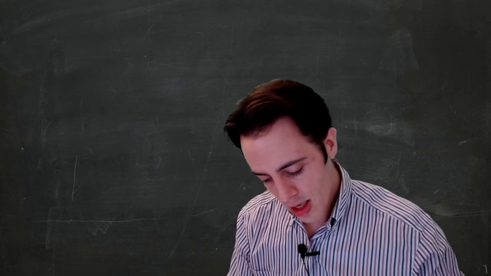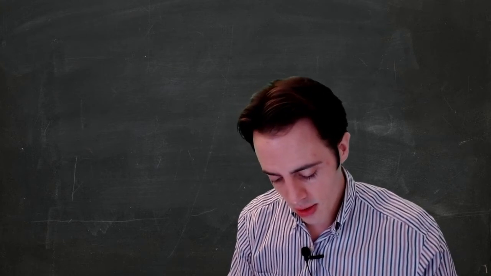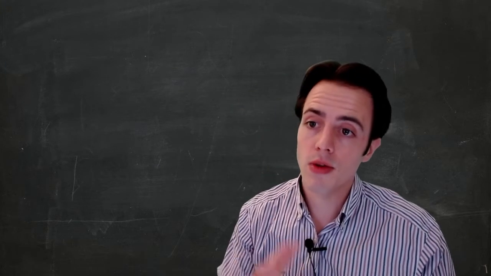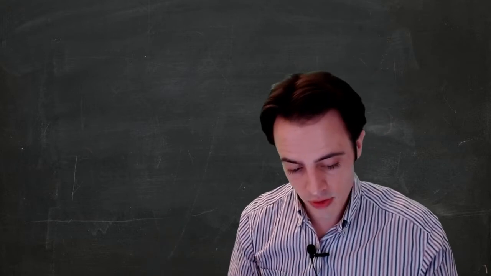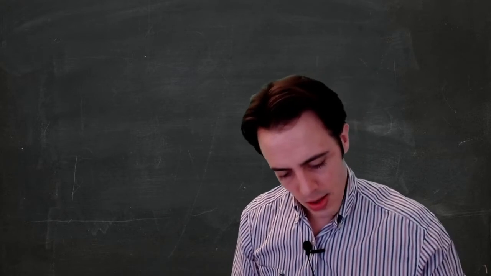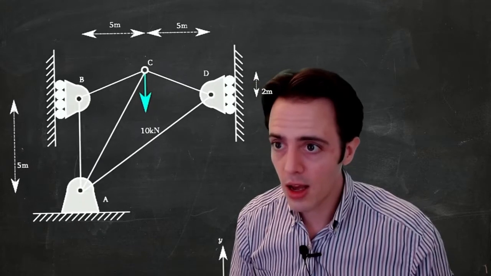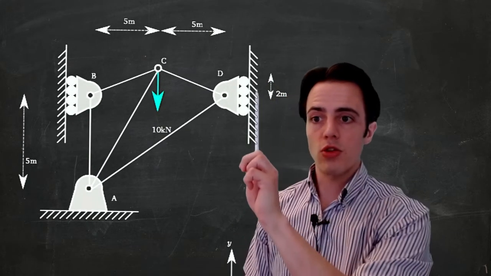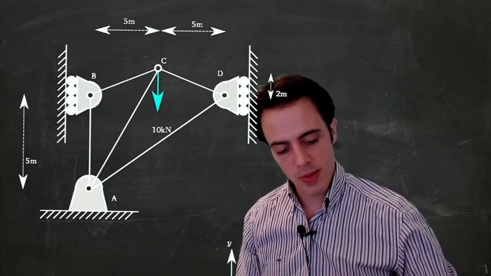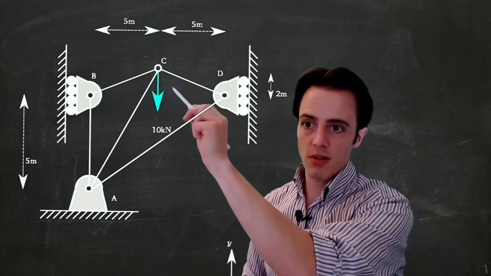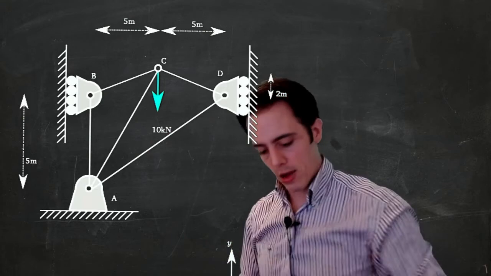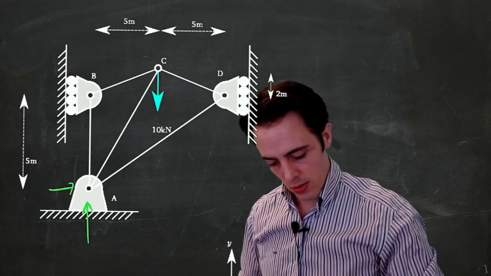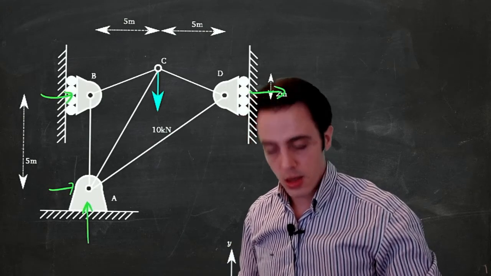And then the problem that we're going to ultimately try and solve as a good example of work energy methods and how we solve for deflections and use the force method is going to be this dirty great structure here. Okay, so I'm going to say that we're going to choose one of these reactions as being redundant. This structure here, we've got an external load and we've got four reaction forces. I've got this one, this one, this one, and this one.